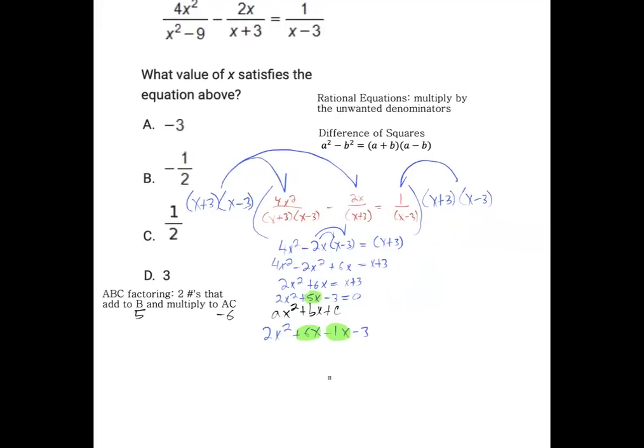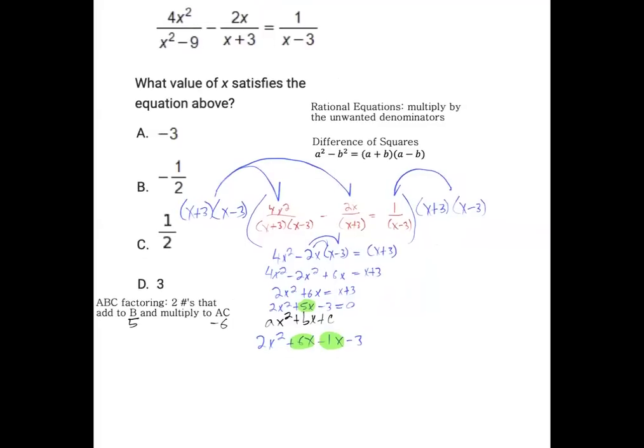Now we're going to want to do GCF factoring for the first two terms and for the second two terms. And this is the ABC factoring method. So the GCF here is 2x, and it leaves you with x plus 3. And the GCF here is negative 1, which leaves you with x plus 3.